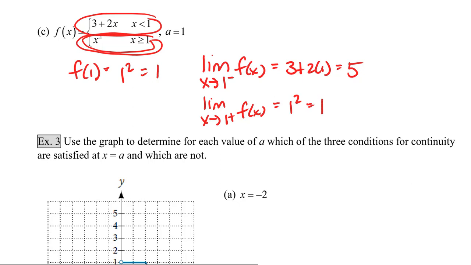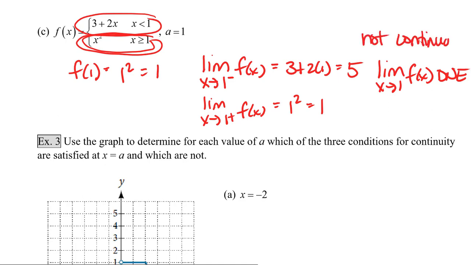So since the left and right hand limits don't equal each other, the limit as x approaches 1 of f of x does not exist. So that's why we're not continuous, because the limit as x approaches 1 of f of x does not exist.